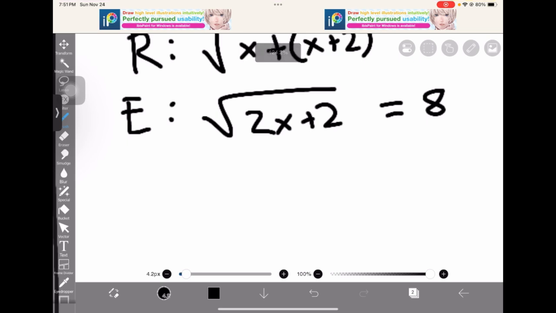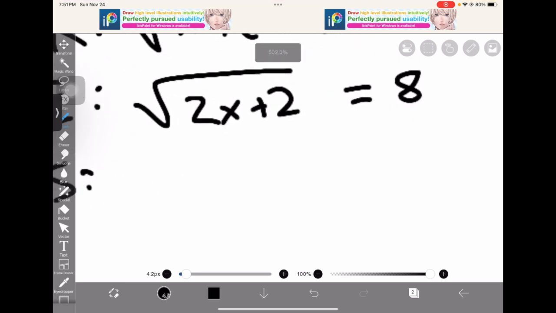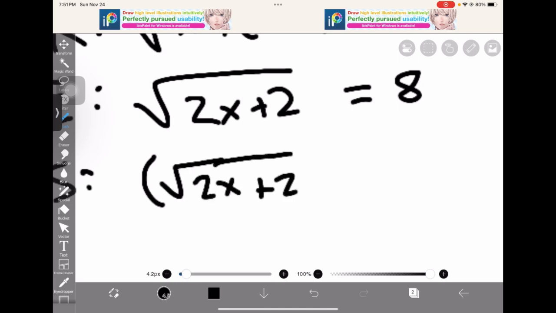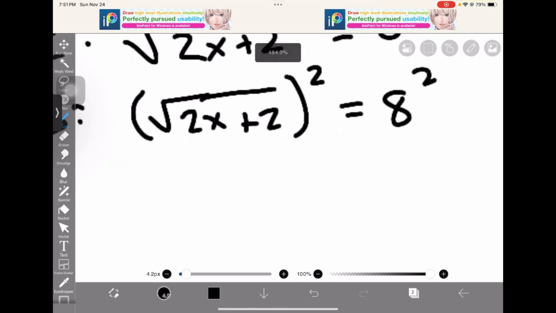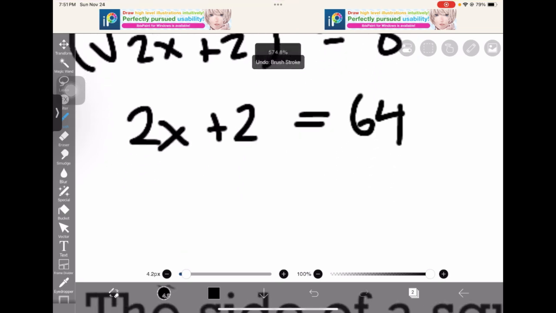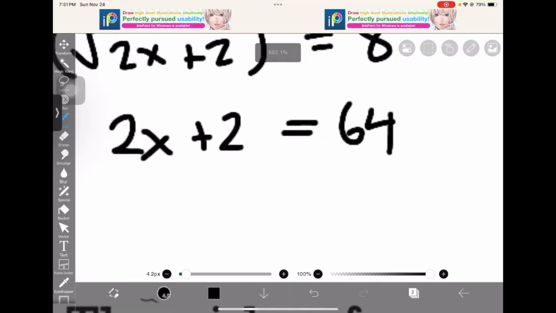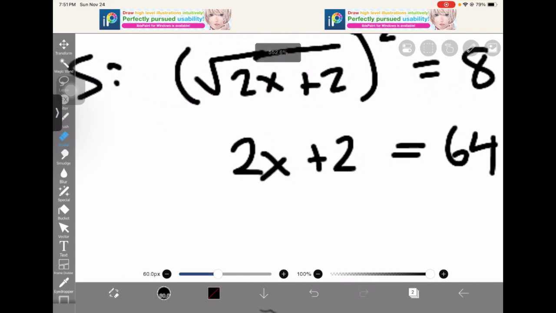Now for the solution. We can square both sides over here. So square root of 2x plus 2 squared equals 8 squared, which means 2x plus 2 equals 64. And then we just transpose it. Oh wait, let's make it easier to understand.